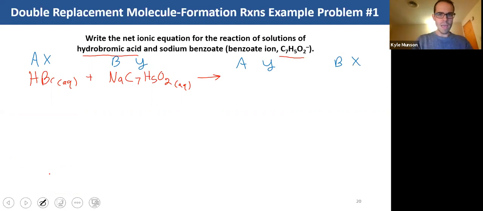So we are going to have H with Y, and remember this is a compound. Let me change this color so I can explain something.